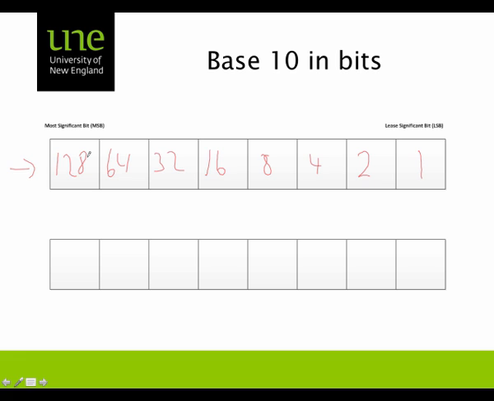So if we wanted to represent the number 140 in base 10 using bits, so this is just our normal 140 that we count with, we need 128, which leaves us 12 more.